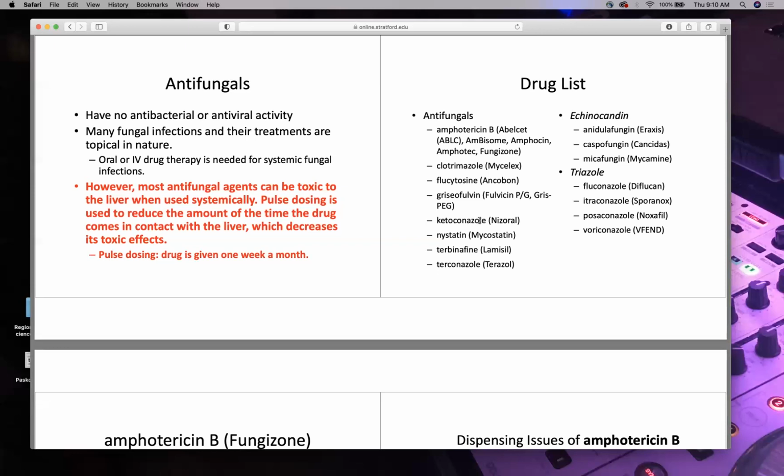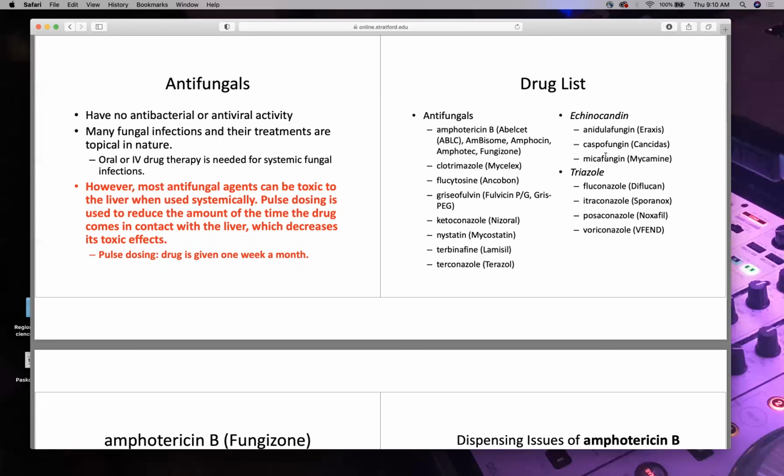If I see azole, like fluconazole, like itraconazole, you can see there's azoles. That's already like half this list. And for the echinocandins, they're easy. It has the word fungin in it, right? Fungin. So use that.